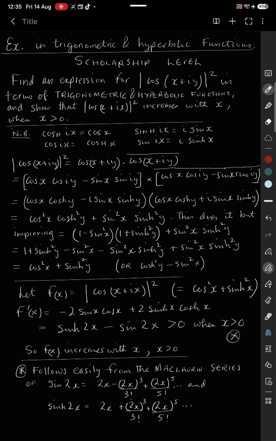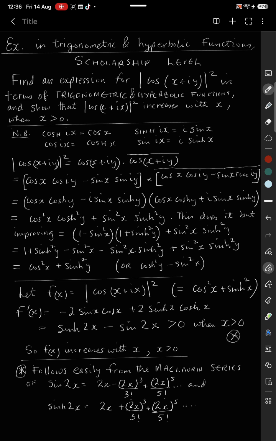For the second, to prove that the modulus of (cos(x + ix)) all squared will be an increasing function, we notice from what we've just proved that the function equals cos squared x plus sinh squared x.